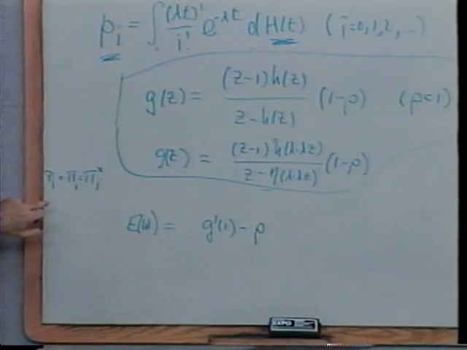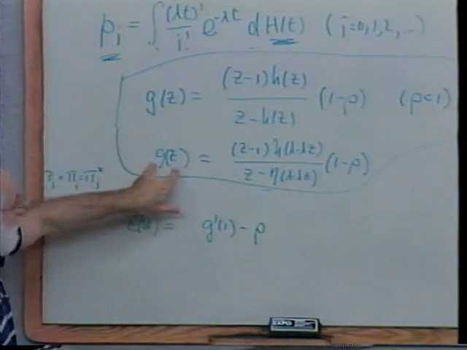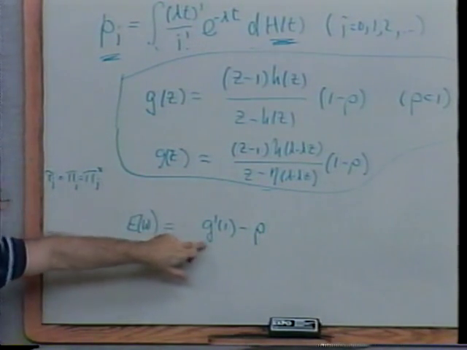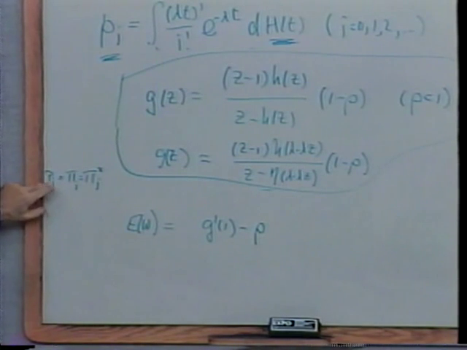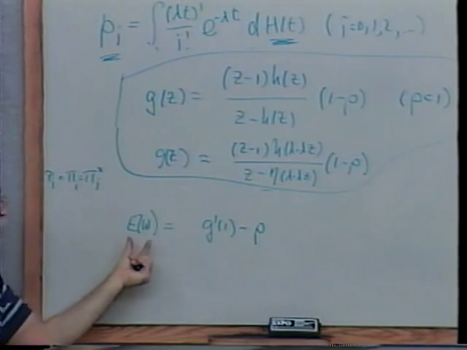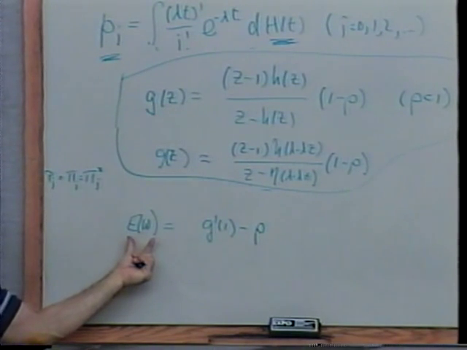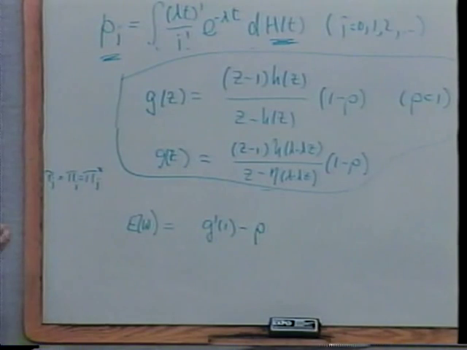So therefore, if I calculated the average of this by calculating this derivative, I would be calculating the average number in system. But to get the waiting time, I would take the average number in system and subtract from that the average number in the server.